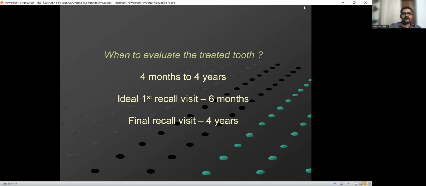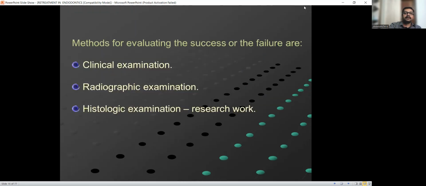So up to 4 years, if you evaluate and find your tooth is asymptomatic and there are healing signs both radiographically and clinically, then you can count it as a successful endodontic treatment.